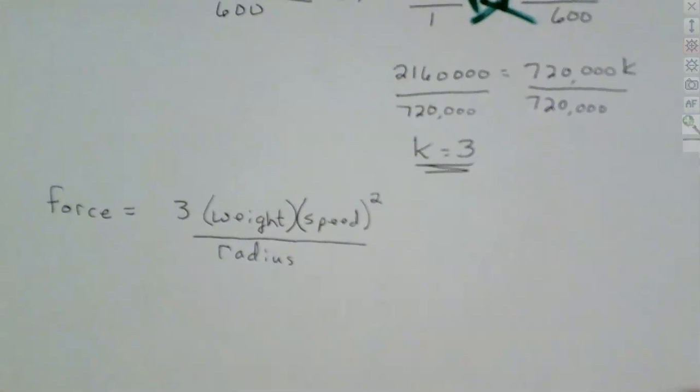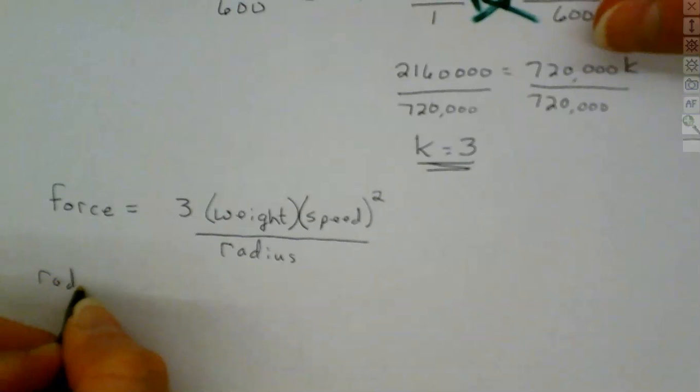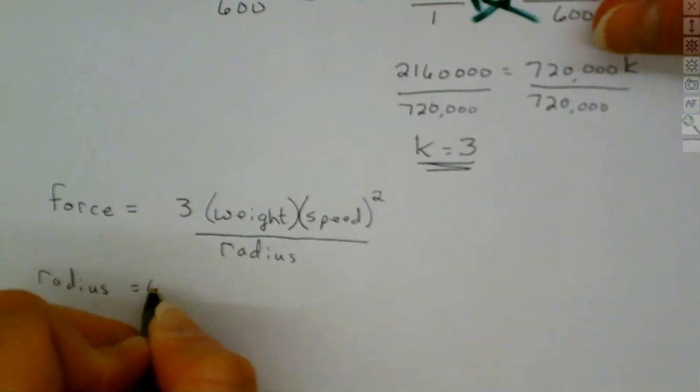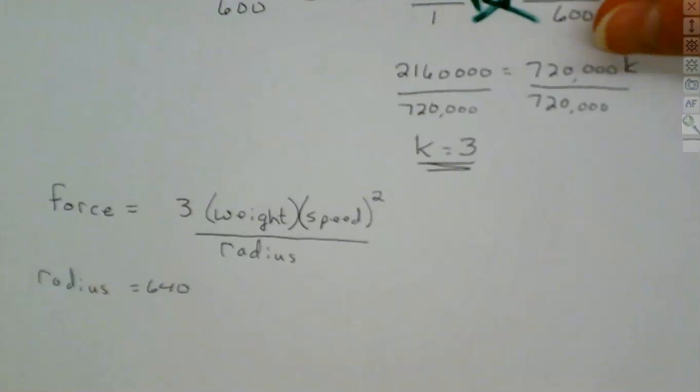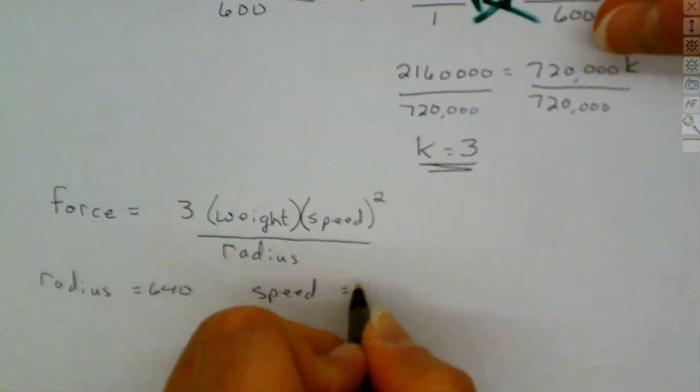And what do we know about the parts? What do they give you now? Okay, they say, what force is required to keep the same car from skidding on a curve with a radius of 640 feet and a speed of 50 miles an hour?